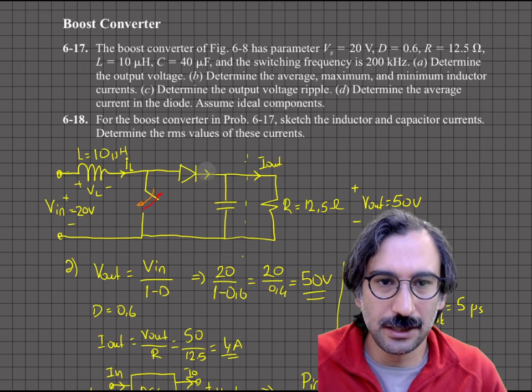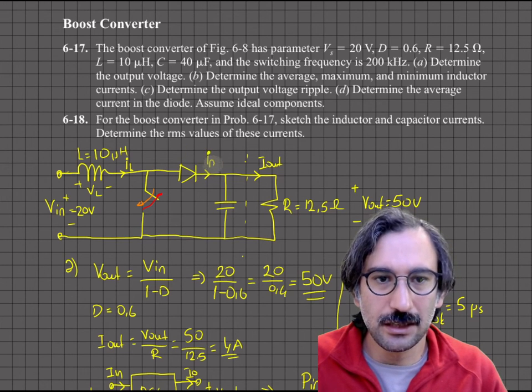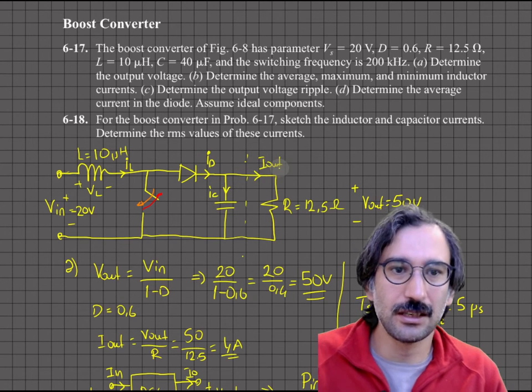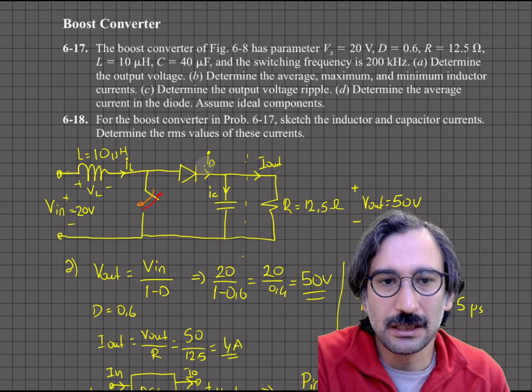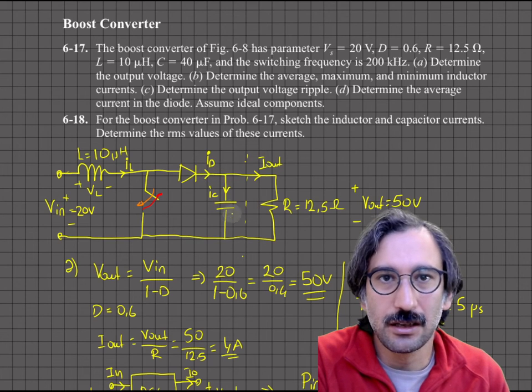So what's happening is you have the diode current here, you have the capacitor current here, and you have the output current here. Whenever that diode current is larger than your output current, the extra current charges the capacitor, right?